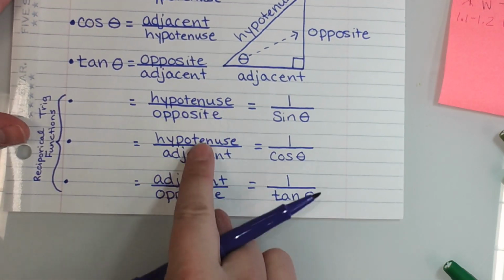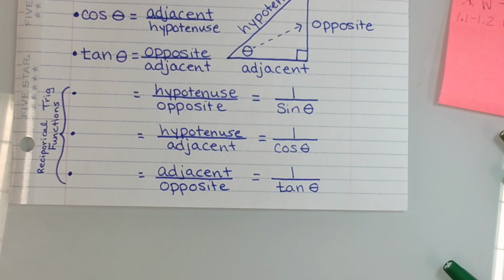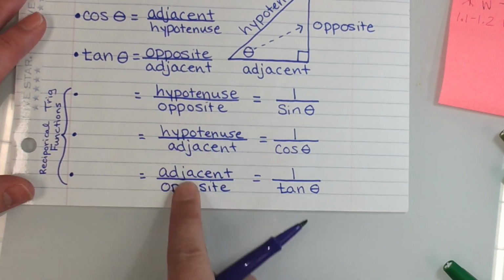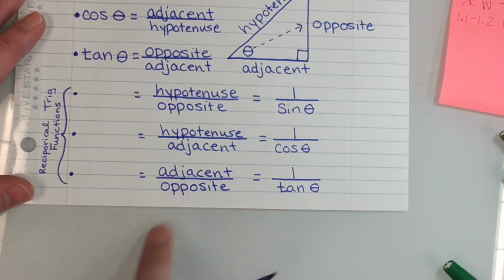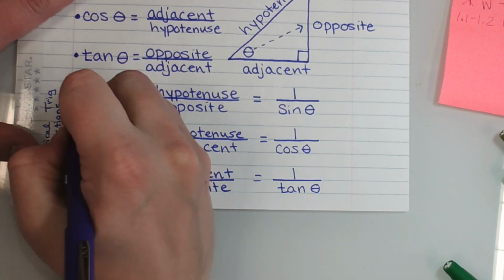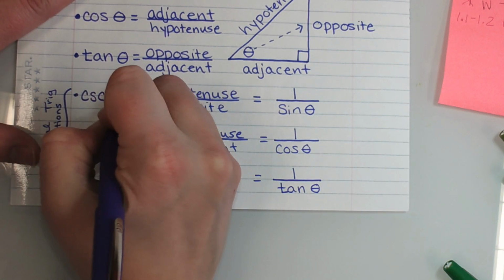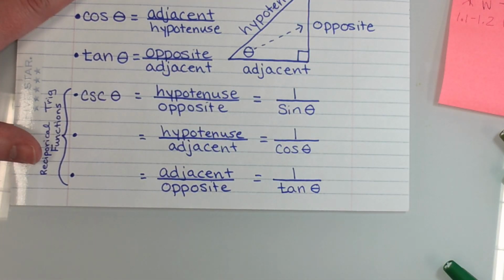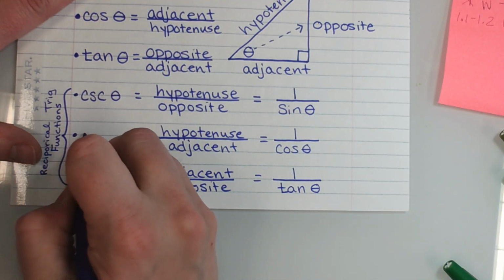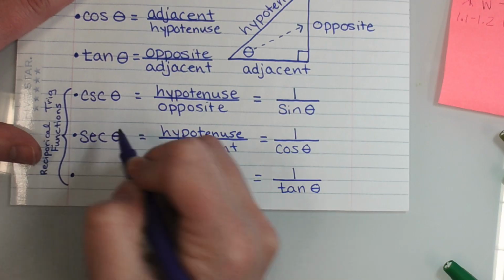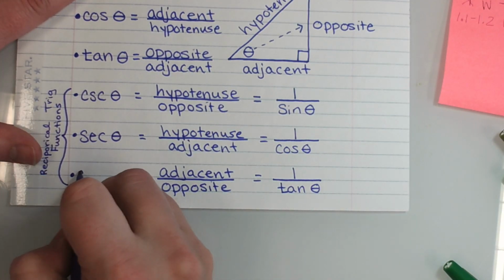You can use this information, the hypotenuse, the opposite, the adjacent, to work with your reciprocal functions as you get going. If that makes it easier for you to start off, go for it. Cosecant's hypotenuse over opposite. Secant is hypotenuse over adjacent.